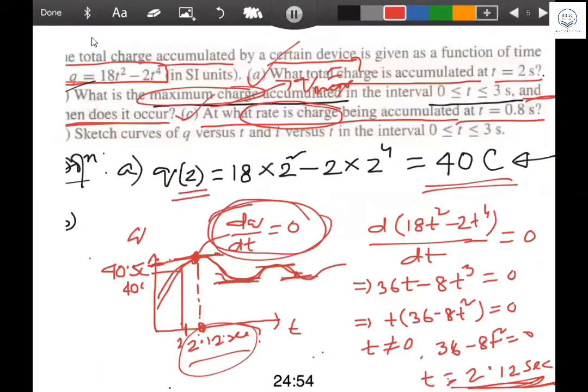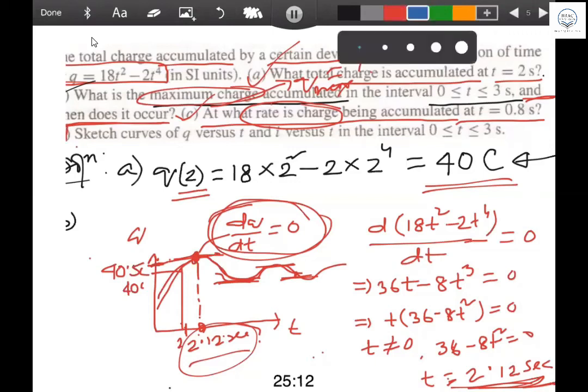Now I think you all understand number C. Now we have to go to number D. I think everybody understood so far, right? Yes, sir.